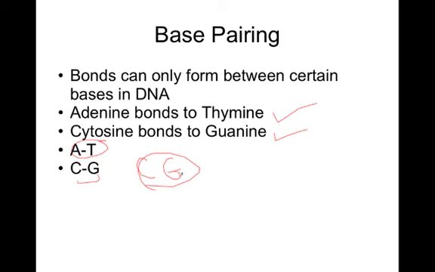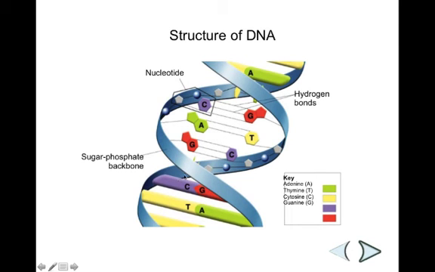A's pair with T's, C's pair with G's. So look at how we have it here. A's pair with T's, and you see C's pairing with G's. Again we have G's pairing with C's, A's pairing with T's, right there.